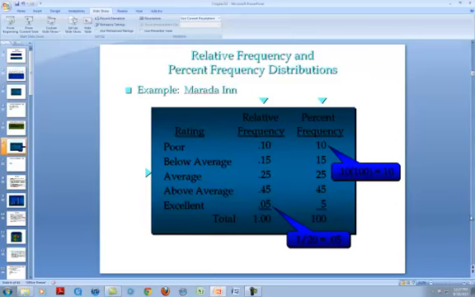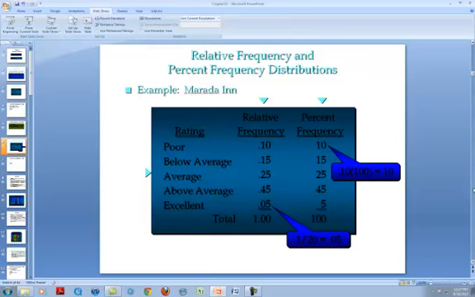Hence, 3 over 20 is 0.15, which is also 15%. Quite obviously, the sum of each column must be 1 in the case of the first column, or 100 in the case of the second column, because all these responses exhaust all possibilities.